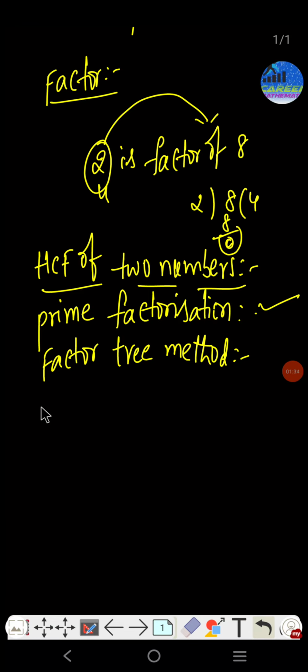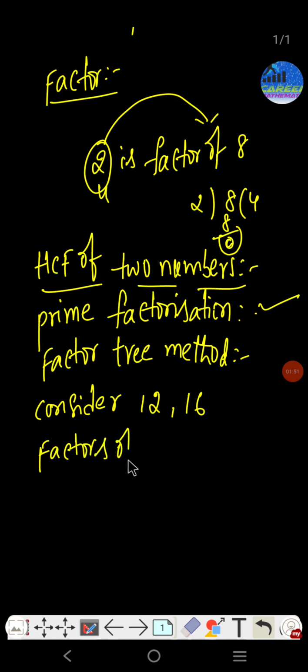For example, consider two numbers, 12 and 16. Write down the factors of 12 and 16 first. Factors of 12: how can you write it in prime factorization? 2 sixes are 12, but 2 is a prime number, no need to change. 6 is not a prime number, so again convert into a product of prime numbers.